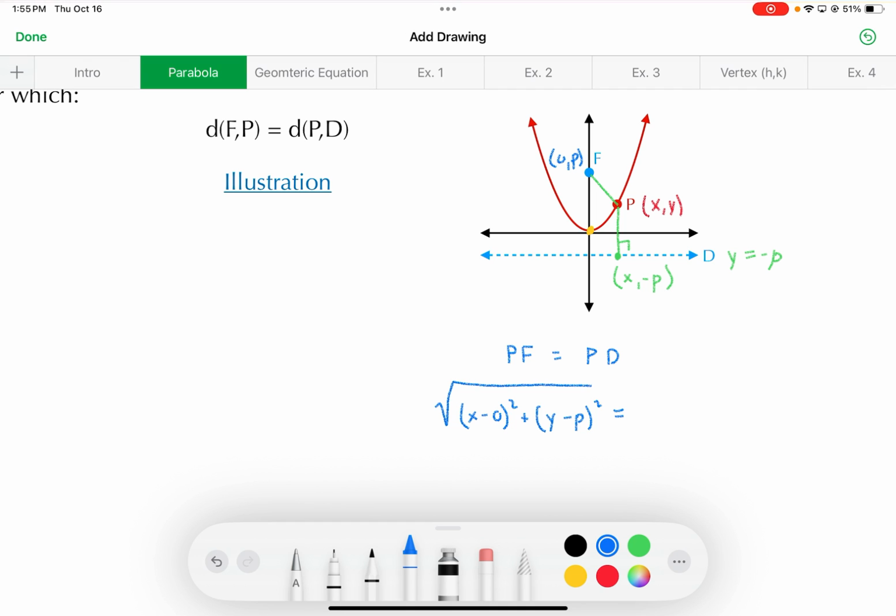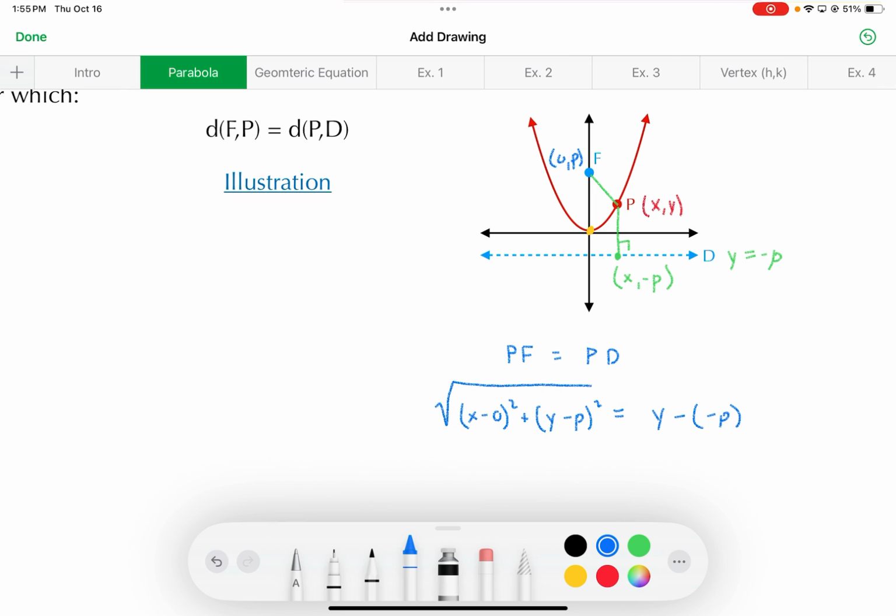Well, that's the distance between this point x, y and x, negative p. Well, the x coordinates are just going to wipe each other out, right? So really, the length of that perpendicular line segment there is just the difference of y and negative p. So I can say y minus negative p.